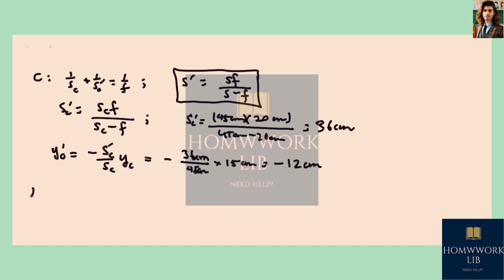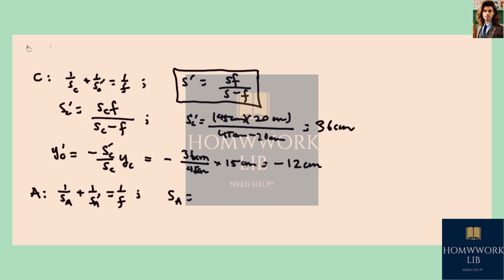Now let's determine point A. So again, we'll use the same equation, but I'll put the index A now. But this is a little trickier because we need to find out what SA is in order to find SA prime.